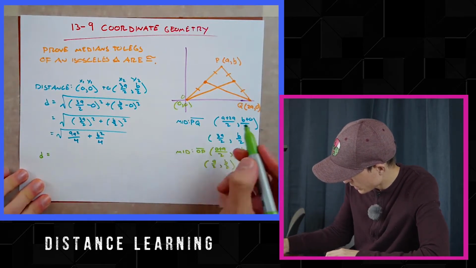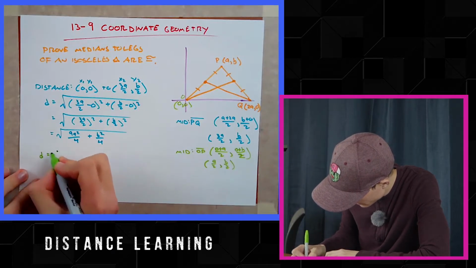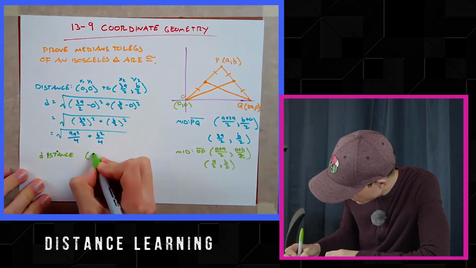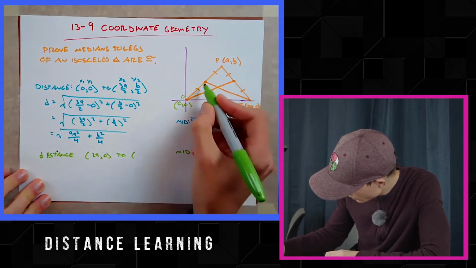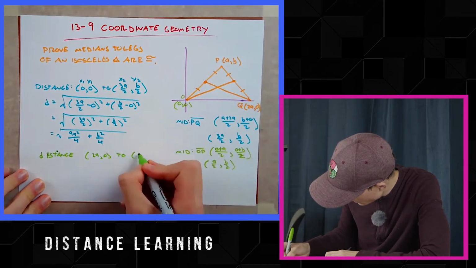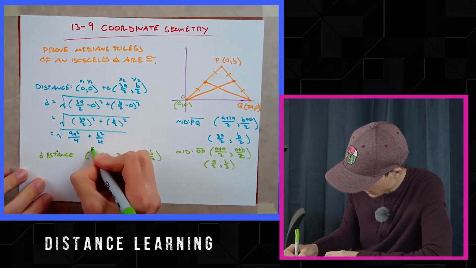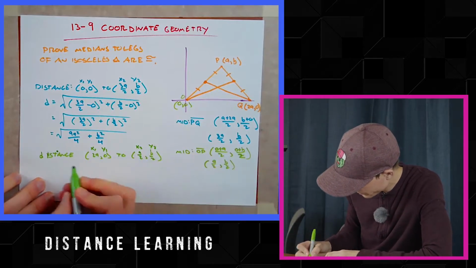Distance from 2a, 0 to this one here. What was that? A over 2, b over 2, x1, y1, x2, y2.